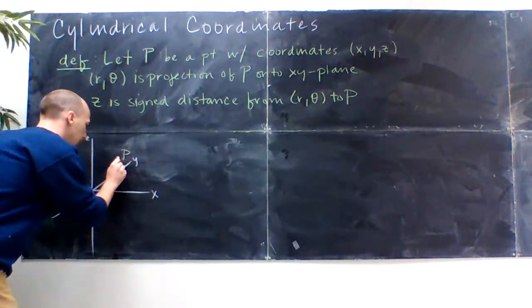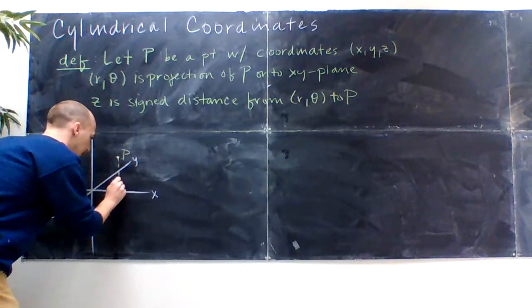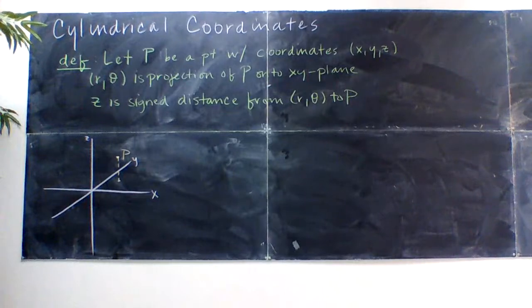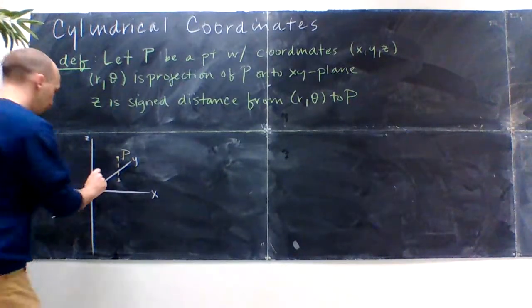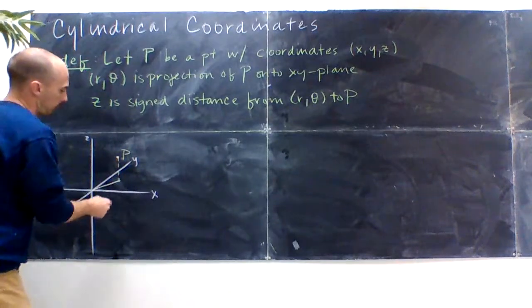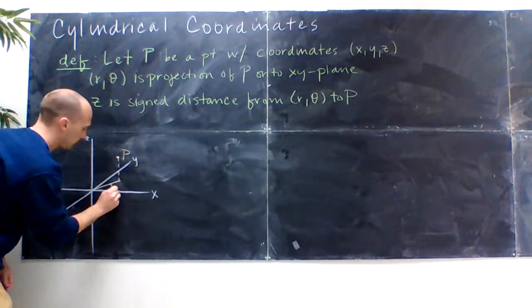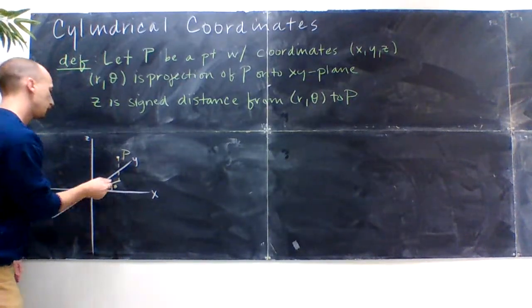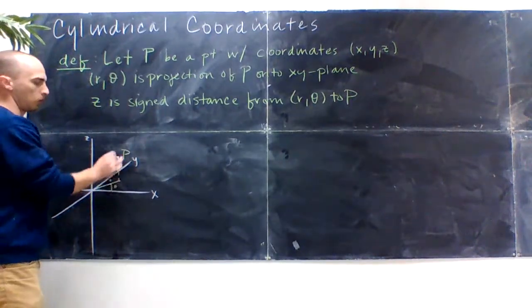Suppose that when I do that, I land right here. Well, then that's going to be right here, just in the usual polar coordinate sense. That's going to be theta, and that's going to be r. And then this distance here will be z.